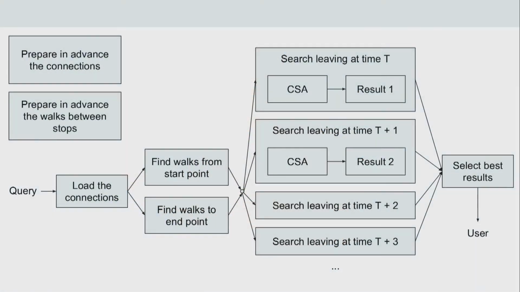So we are going to use this for the walks, and the global architecture can be summarized like this. We prepare in advance all the connections, and then we are able, with TypeScript, to parallelize all the walks we can do from the starting point to the nearest bus stops, and the walks from a bus stop to the end of the journey.